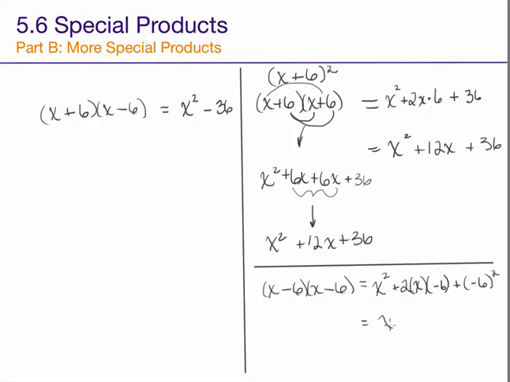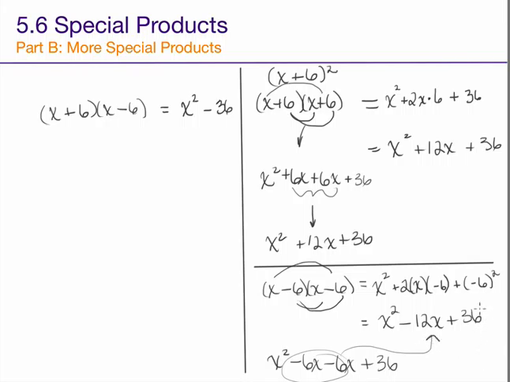And that's x squared minus 12x plus 36. Using distribution, I would get x squared minus 6x minus 6x plus 36. Combining like terms, I'll get minus 12x.